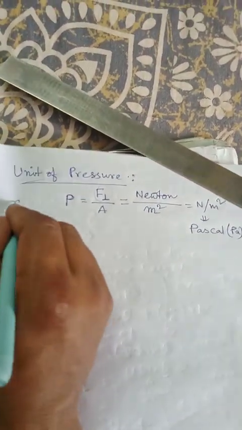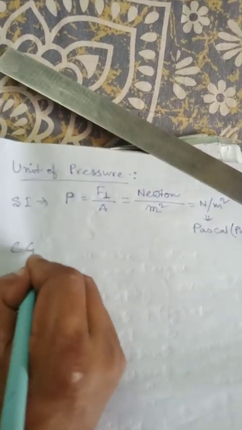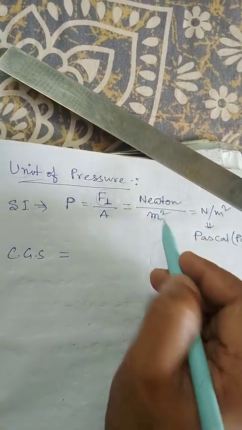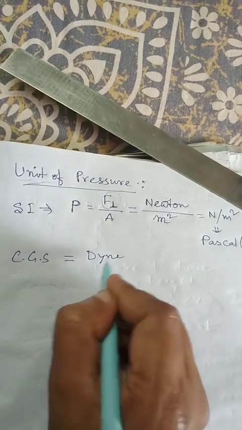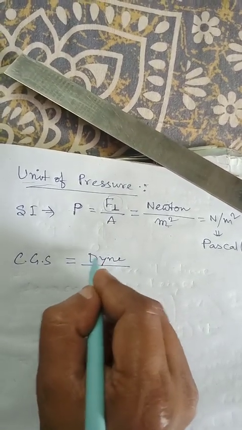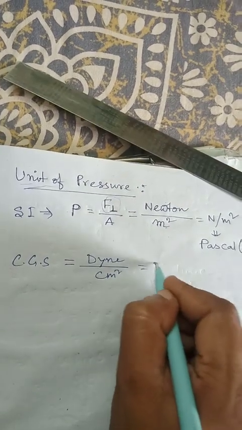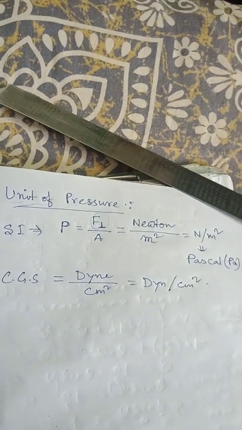Similarly, in the SI system, the unit of pressure is Pascal, or Newton per meter square. In the CGS system, the unit of thrust or force is dyne and the unit of area is centimeter square, so we can write dyne per centimeter square. Clear?